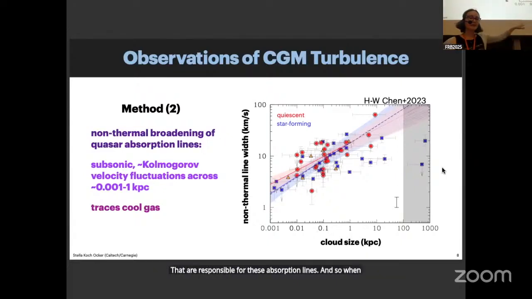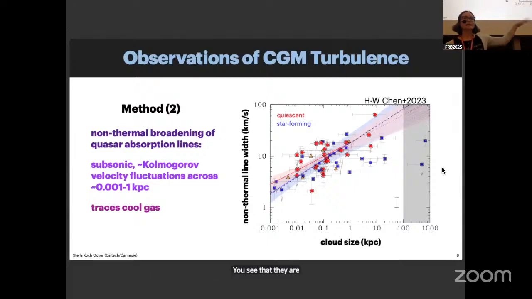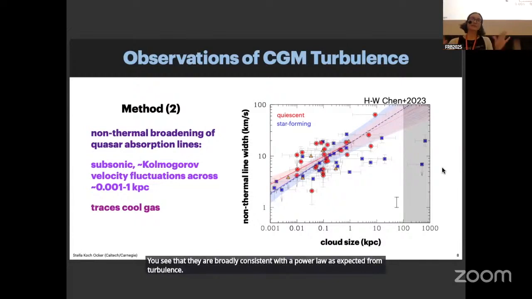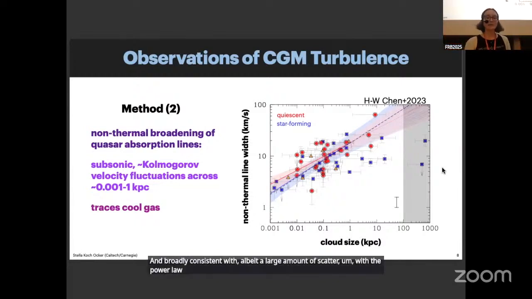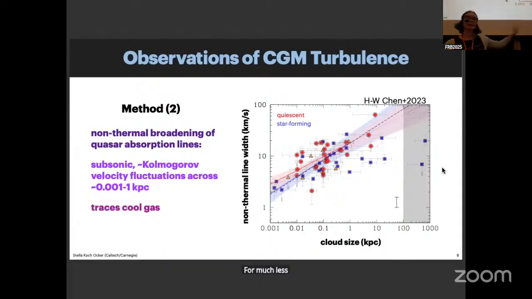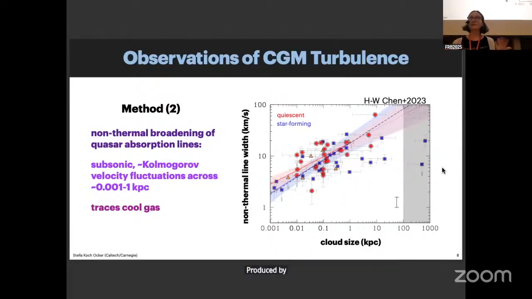When you compare the distribution of non-thermal line width to cloud size, which are two independently inferred quantities, you see that they are broadly consistent with a power law as expected from turbulence, albeit with a large amount of scatter, with the power law expected, again, from Kolmogorov turbulence, but this time over smaller spatial scales from much less than a kiloparsec up to a kiloparsec. And again, these are based on absorption lines that are tracing predominantly metal ions that are produced by cool, roughly 10 to the 4 Kelvin gas in the CGM.